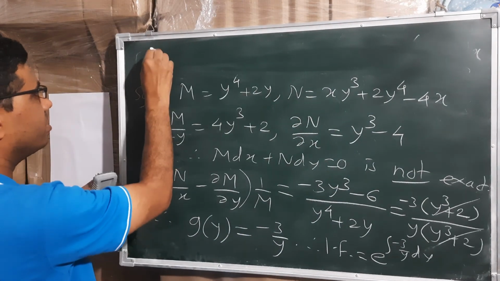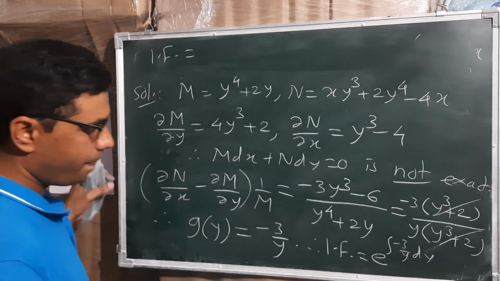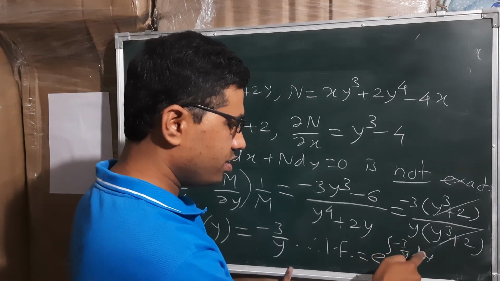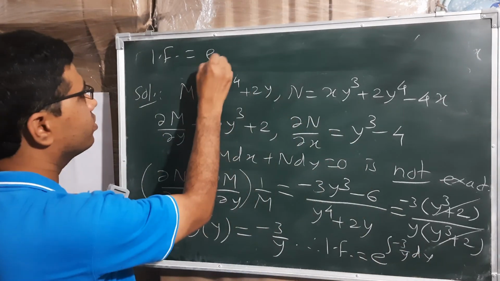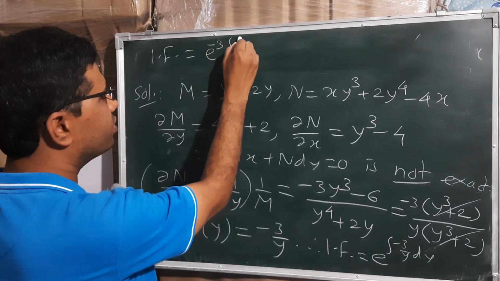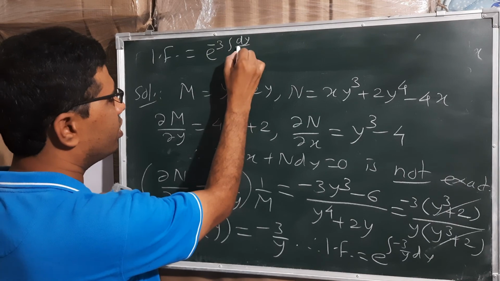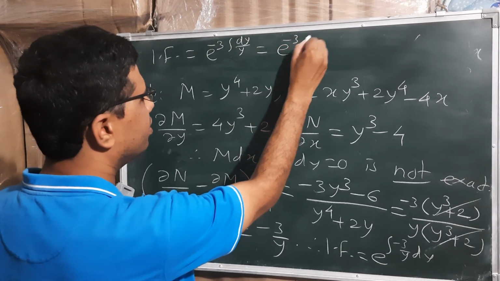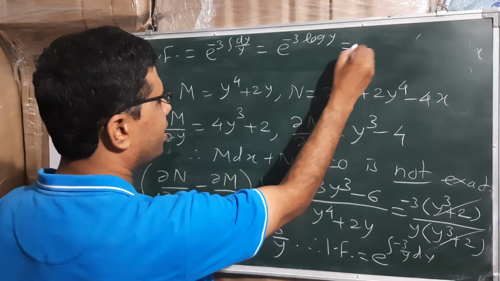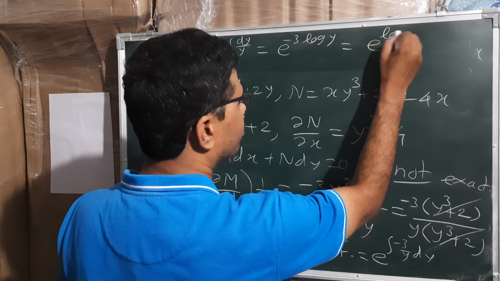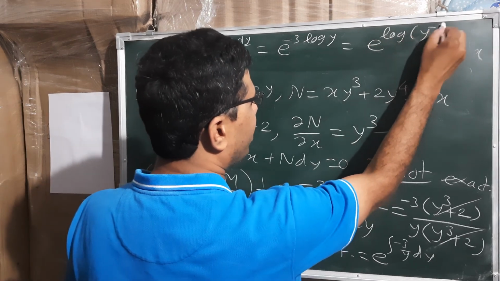So this is e raised to minus 3 integration of dy upon y, it is log of y, so e raised to minus 3 log y, that is e raised to log of y raised to minus 3.